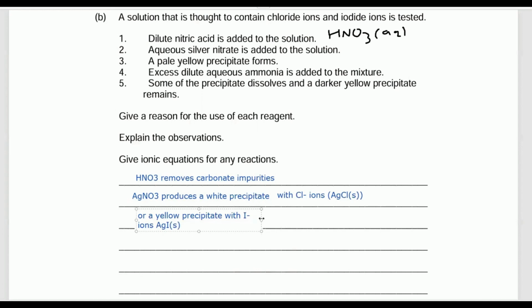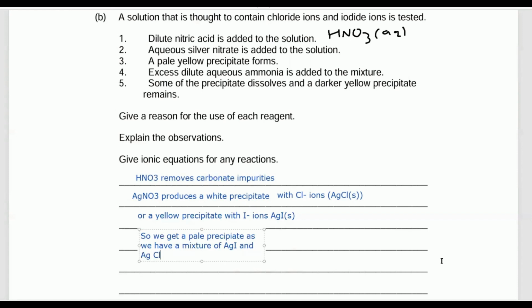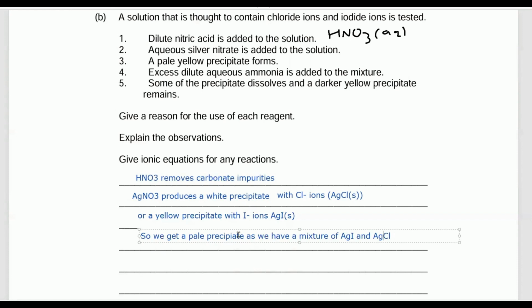So we've explained why, and if you think about it, that's why we got a pale yellow precipitate, because we got a mixture of the white chloride precipitate and the yellow iodide precipitate.